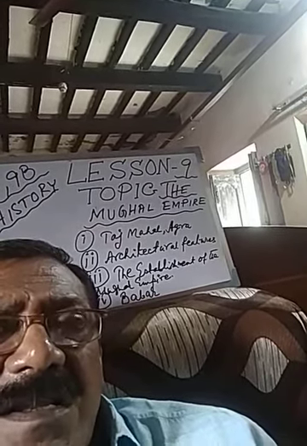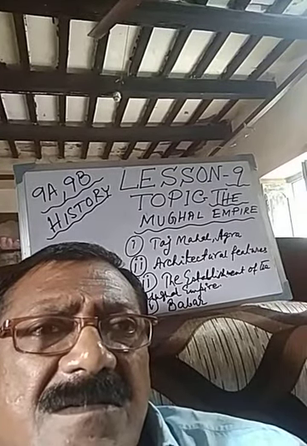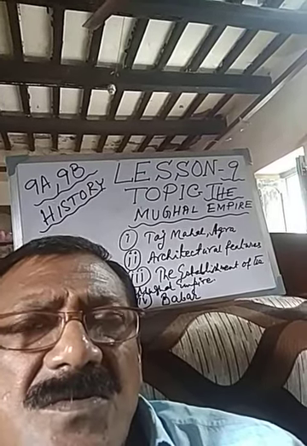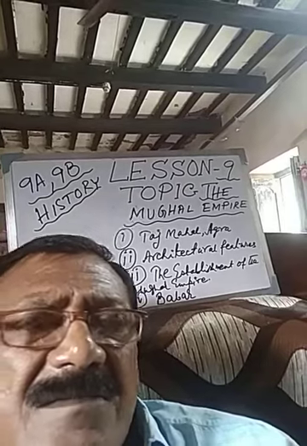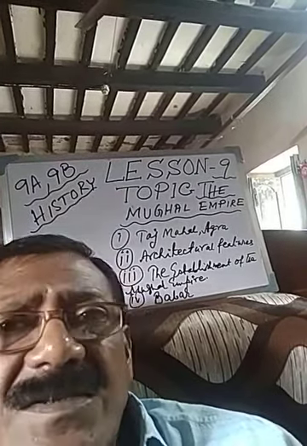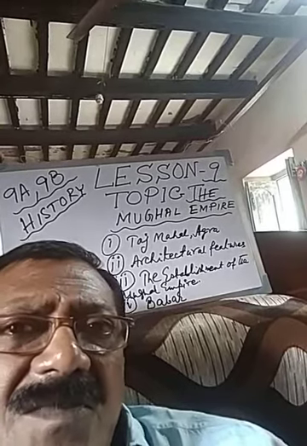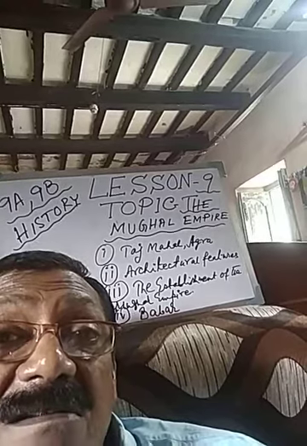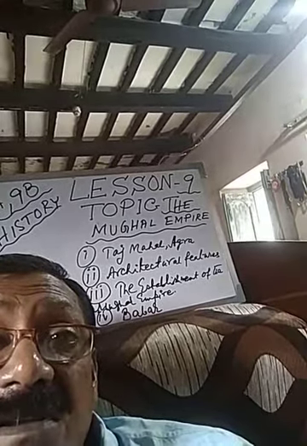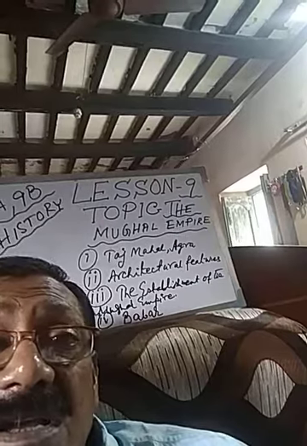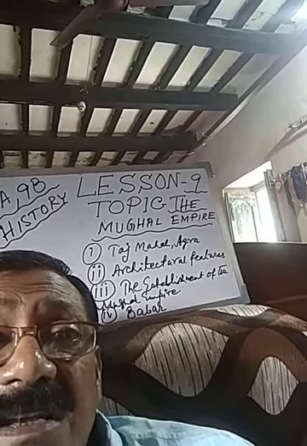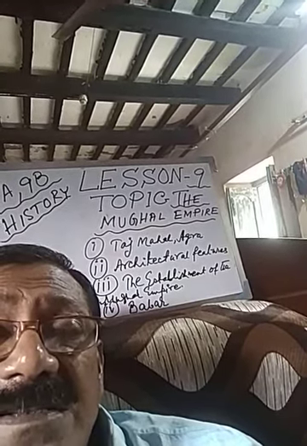So temporarily, the dynasty which was established by Babur went to another ruler who established his own rule, his own dynasty, the Sur dynasty. Who was he? He was Sher Khan, Sher Shah Suri. He assumed the title Sher Shah Suri and established a new dynasty, the Sur dynasty, and he ruled for a few years.